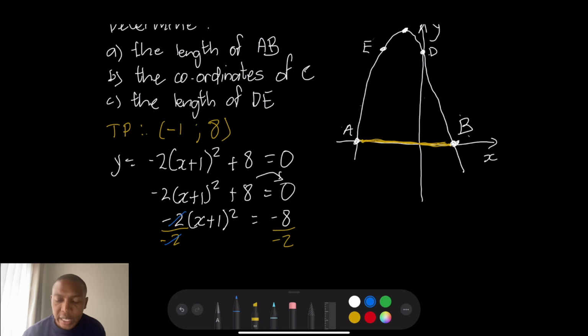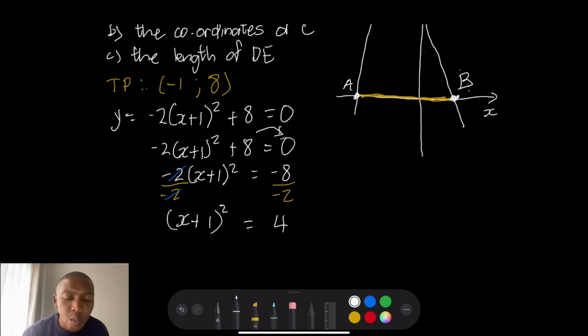On the left-hand side, what am I left with? I'm left with (x plus 1) all squared is equal to, now if I divide negative by negative, that would be a positive. 8 divided by 2 gives us 4. Now what I'm going to do is take the square root on both sides, but please remember that you end up with plus or minus on the right-hand side.